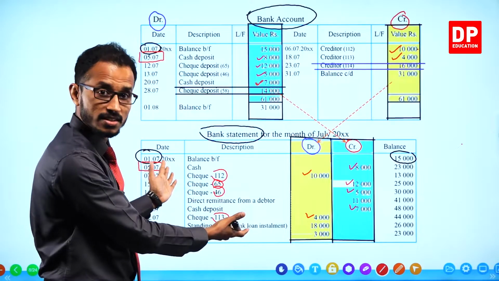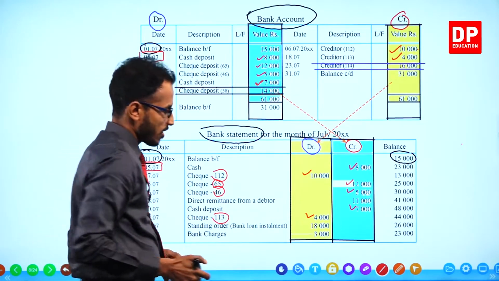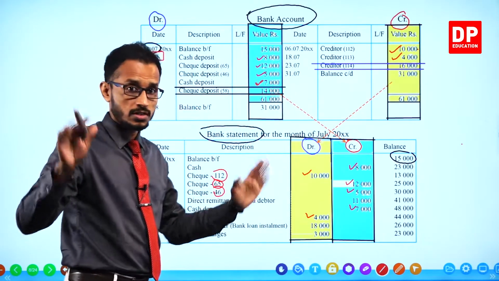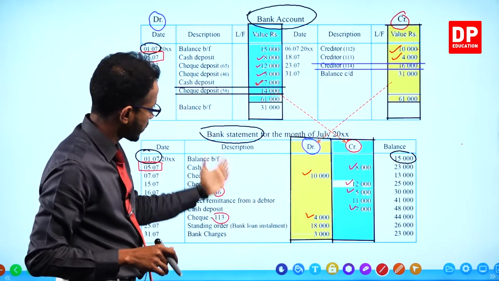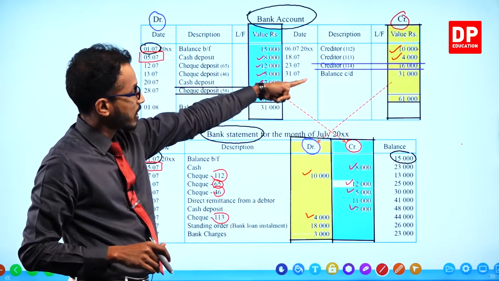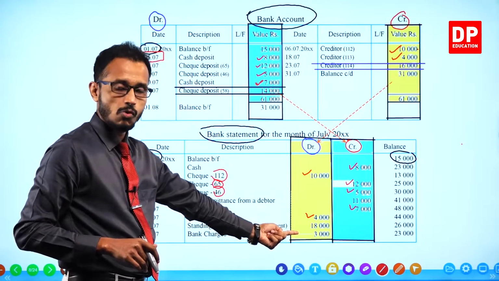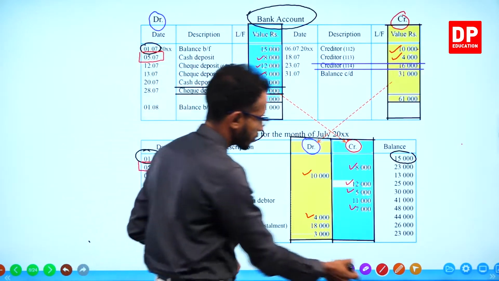Can't you see? There are 2 items at the bottom. Do not miss out checking the statement items. We checked the bank account items, but we didn't check the statement items. There are more in the statement.